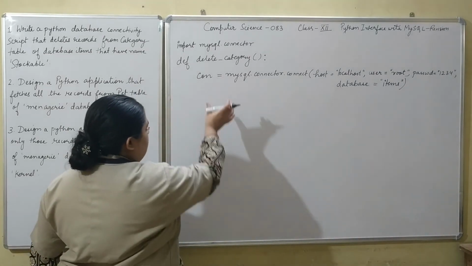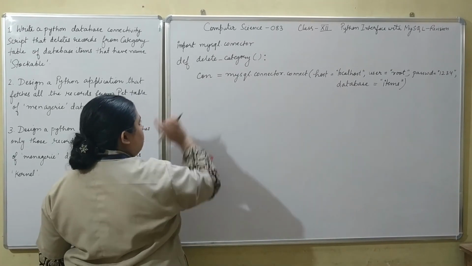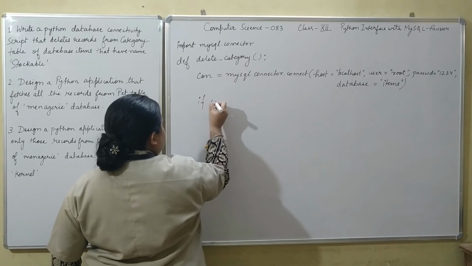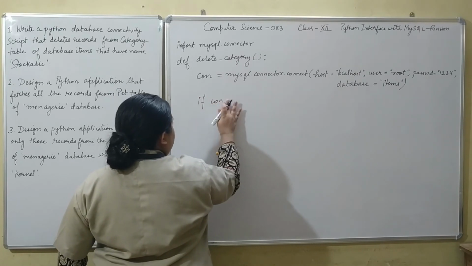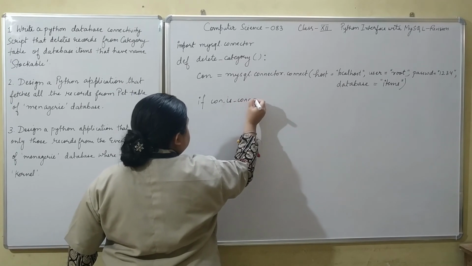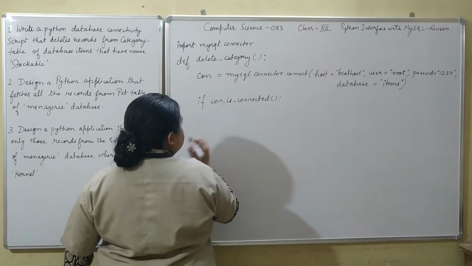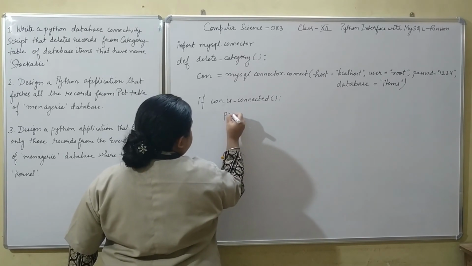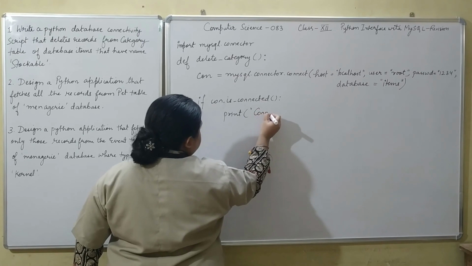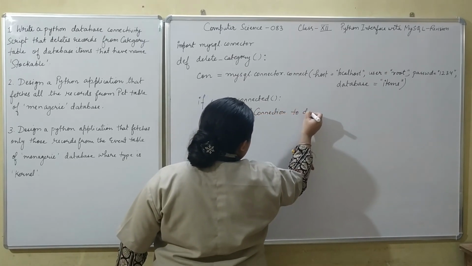We have established our connection by creating a connection object. Now we will check if con.is_connected(). If this is true, that means our connection is successful. Connection to database is successful.